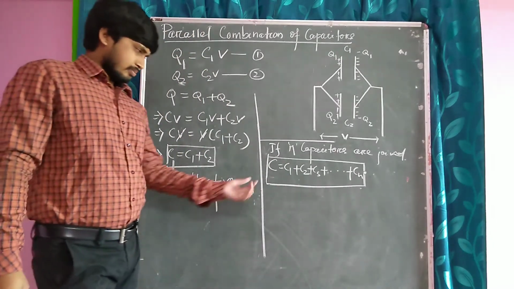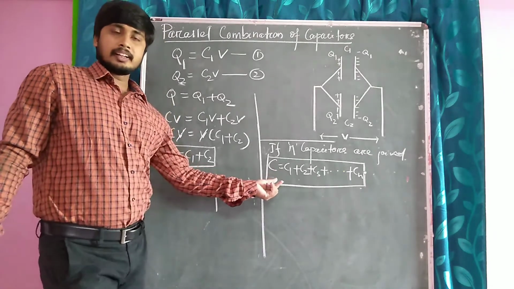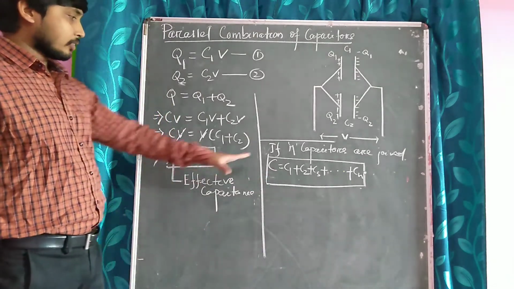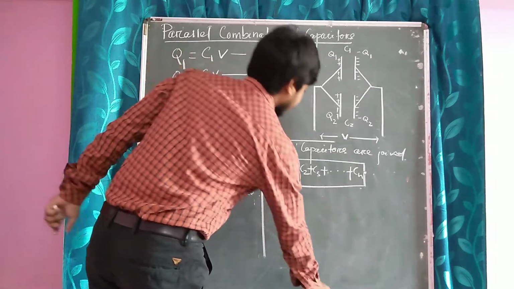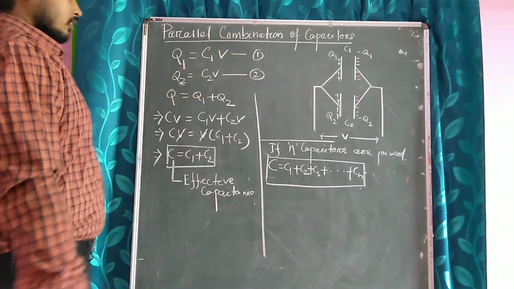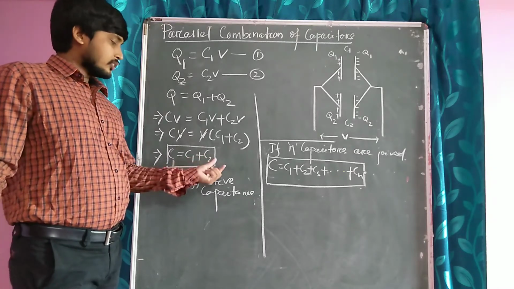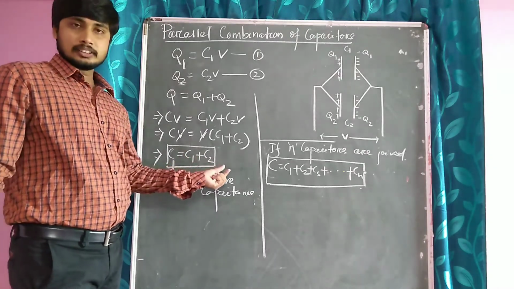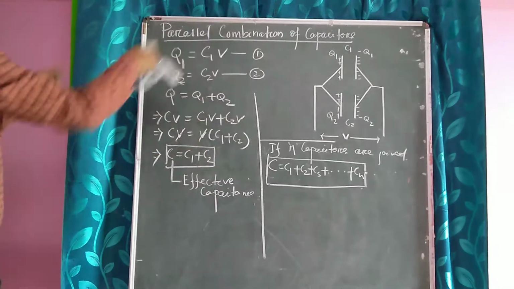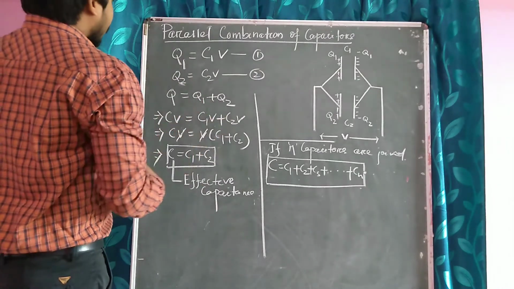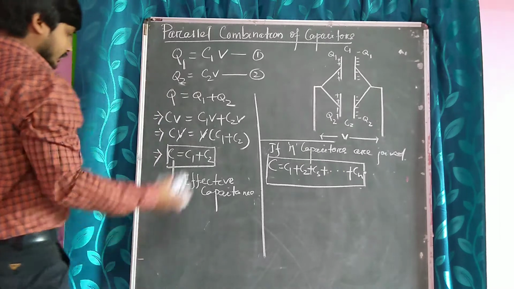So this is the expression for the equivalent capacitance of n capacitors joined in parallel to each other. If 2 are joined, then it will be C1 plus C2. If 3 are joined, then it will be C1 plus C2 plus C3. Okay. So this is all about the combination of the capacitors.